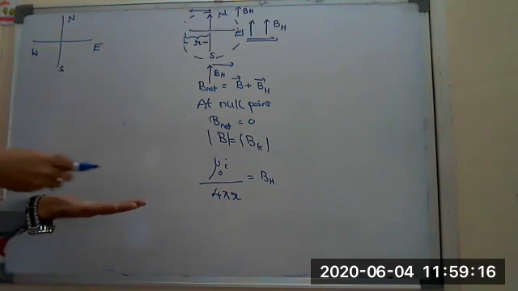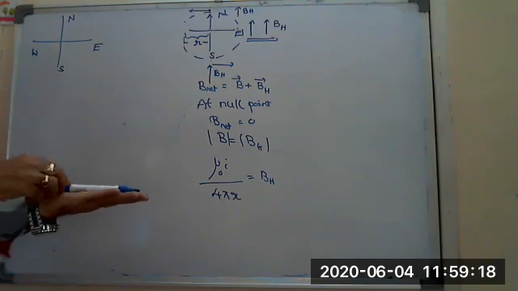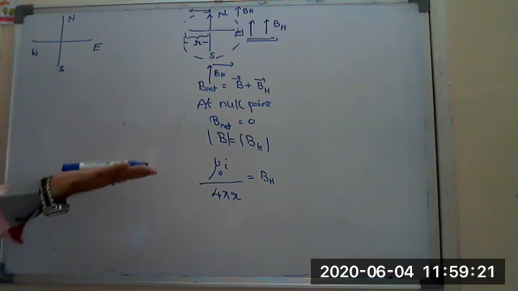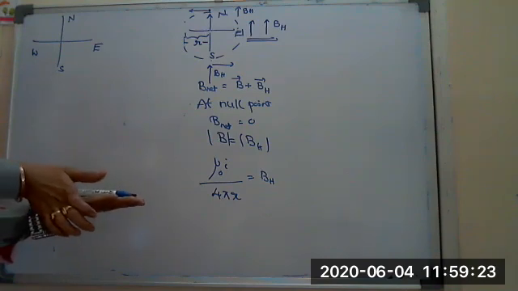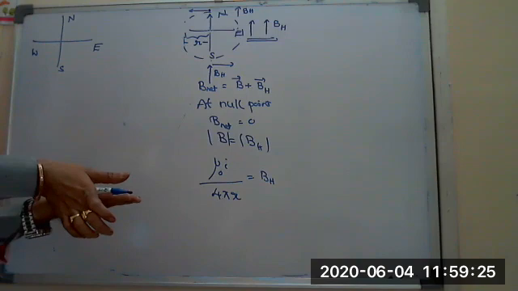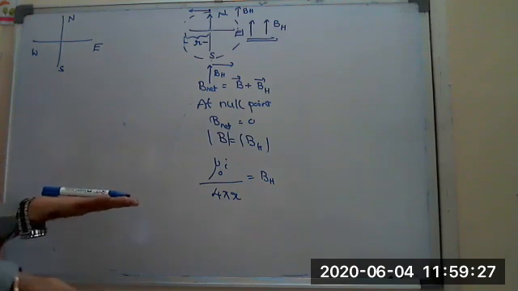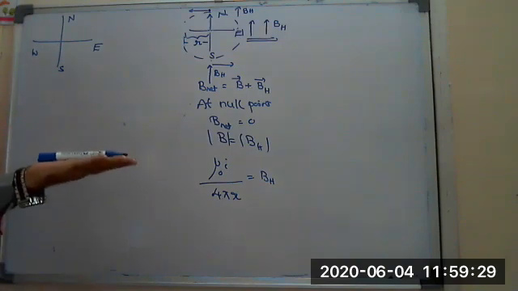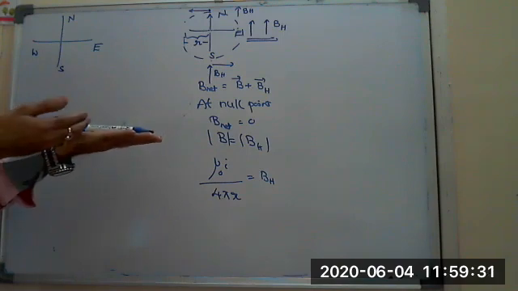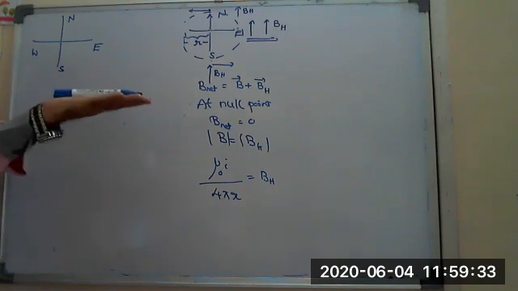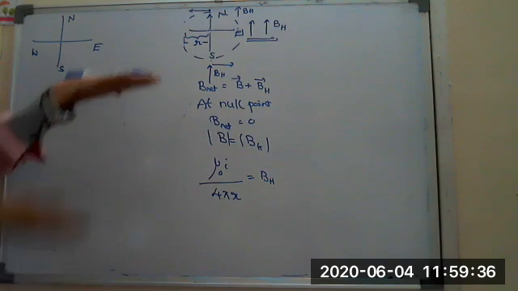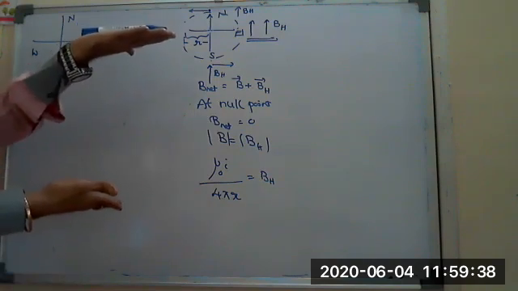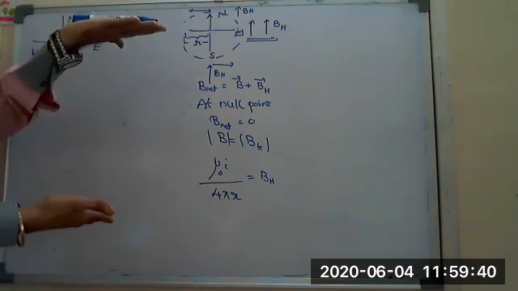Then, if I take the current carrying conductor in the direction of east and west and it carries the current towards east, then look at the downside, on the surface of earth. Why? Because I took the conductor at some height h from the surface of earth. This is the surface of earth and this is the position of the conductor, Nana.